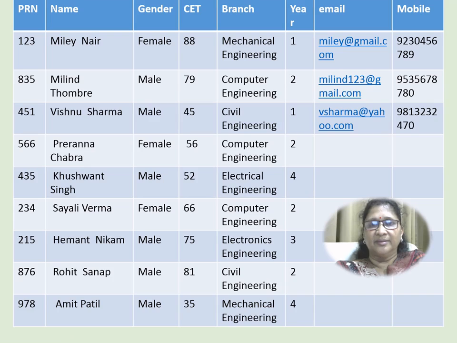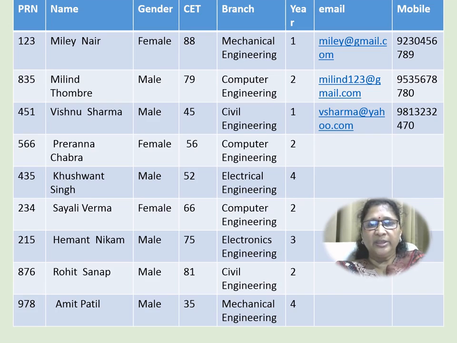Look at this table. This table has some rows and some columns. In columns, we have permanent registration number, name, gender, CET score, branch of a student, year he is studying, email ID, and mobile number. The rows represent the observation, measurement, a data object.